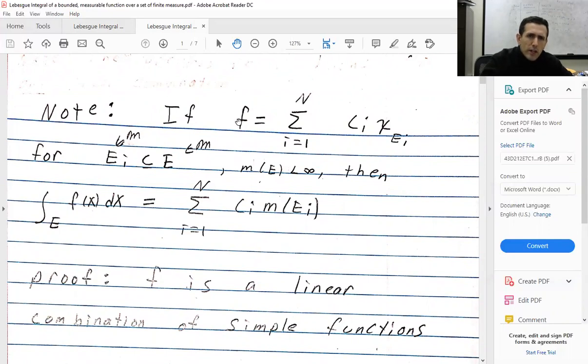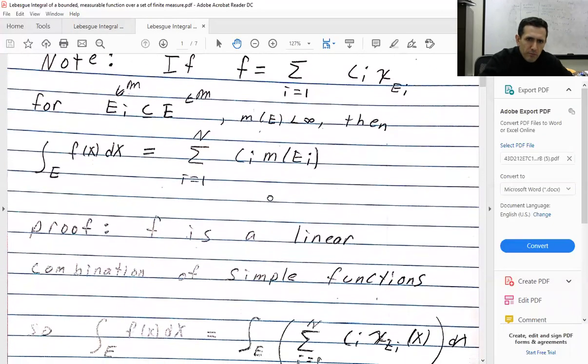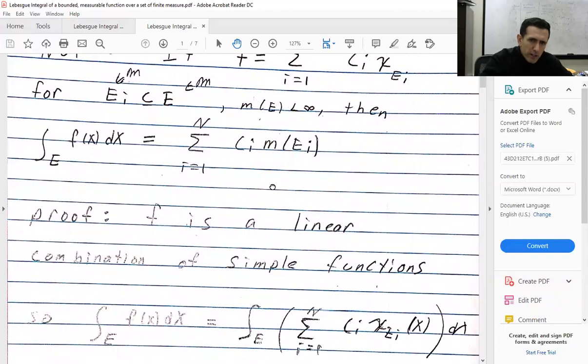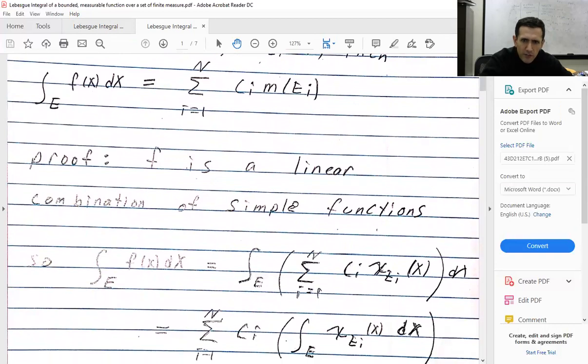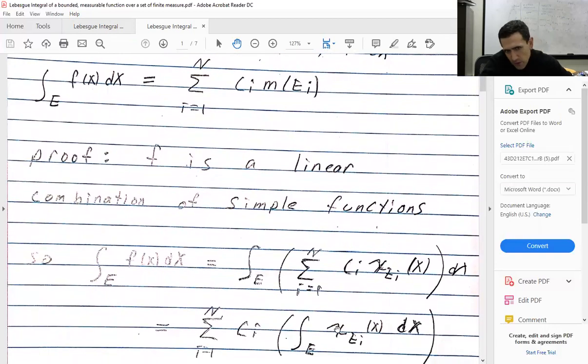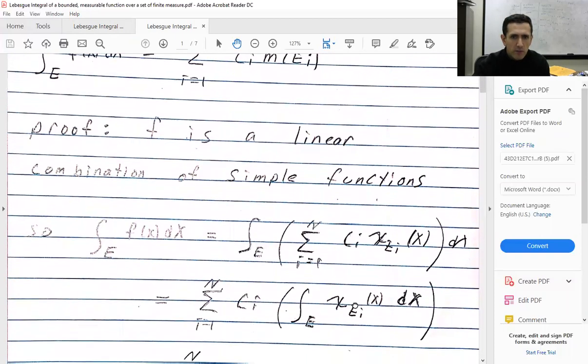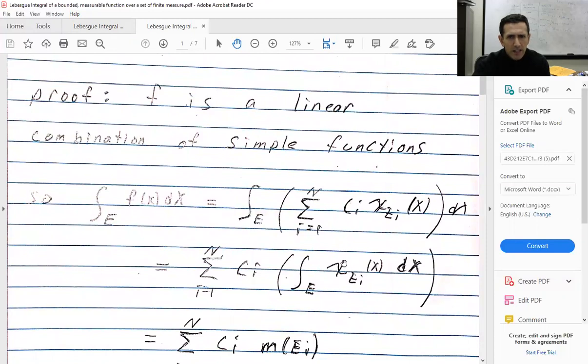So to integrate f, we integrate the sum as a sum of integrals, and we pull out the CIs. We're left with integrating this characteristic function. Again, that's just the measure of EI, because this is already in its canonical decomposition.